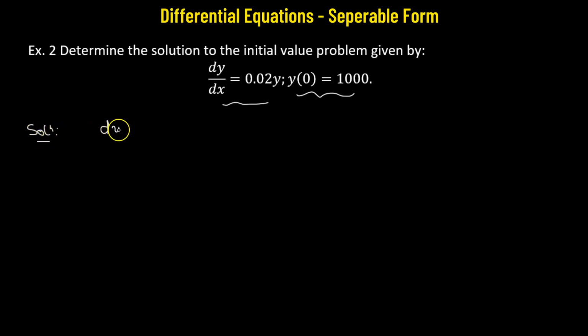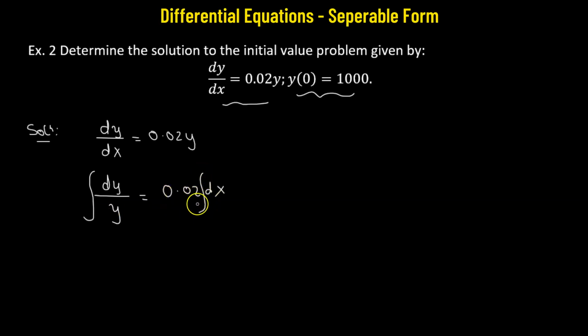Our differential equation is dy over dx equals 0.02y. What we can do here is separate the differentials. This will become dy divided by y equals 0.02 dx. So this is in separable form. That means we can integrate both sides. Here 0.02 is a constant, so we have pulled it out of the integration.